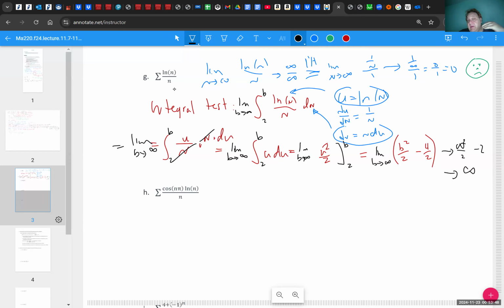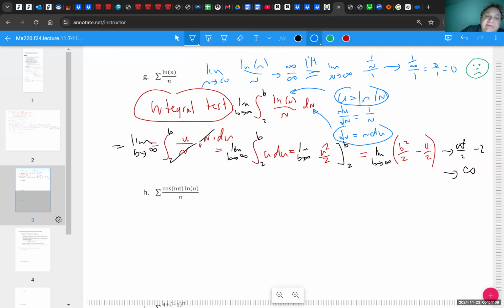So the integral diverges. What the integral test says is if you do the integral instead of the series, whatever happens with the integral, converging or diverging, is the same thing that happens to the series, converging or diverging.